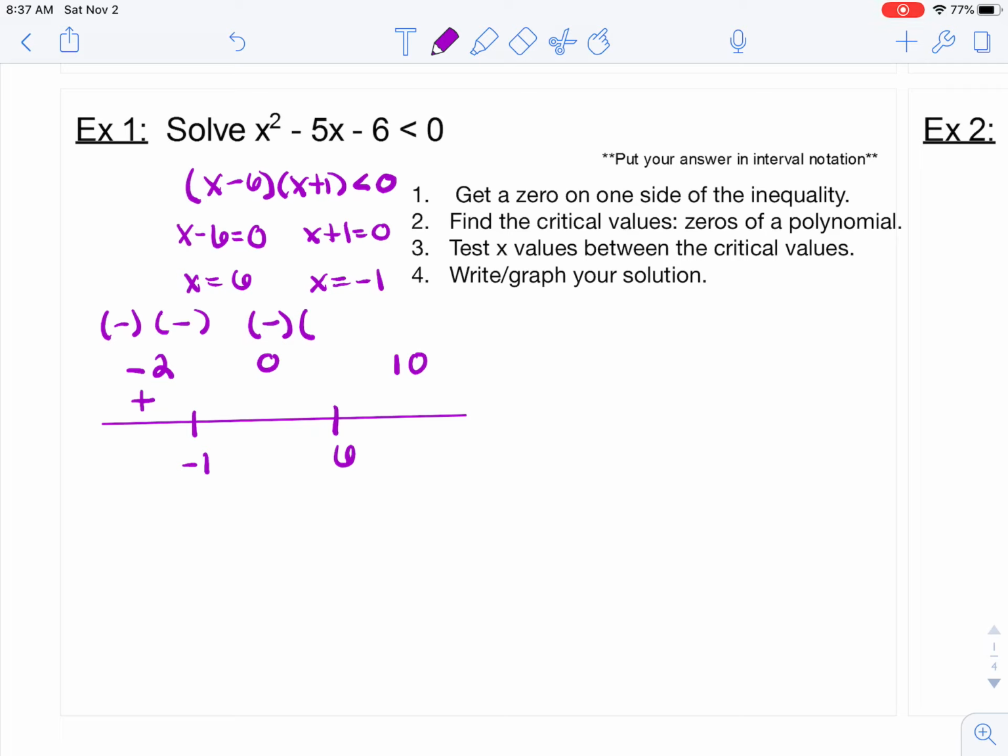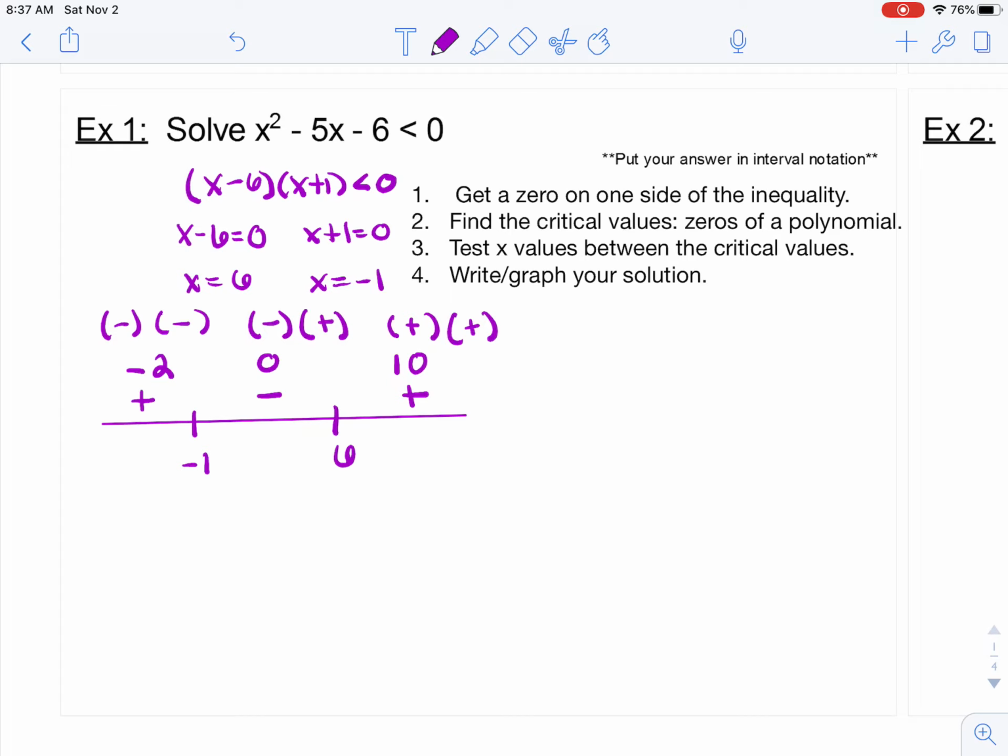In the second parentheses, 0 plus 1 would be positive. So in the end, I would get a negative interval. If I plug in 10, 10 minus 6 is 4, so that's going to be positive. 10 plus 1, that would be positive. So in the end, this interval is positive.